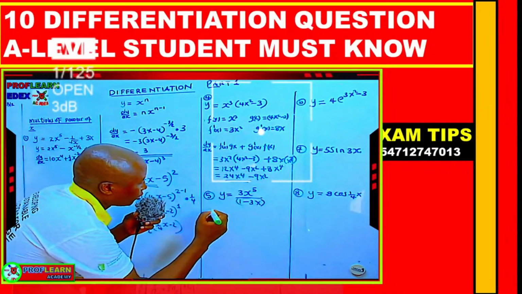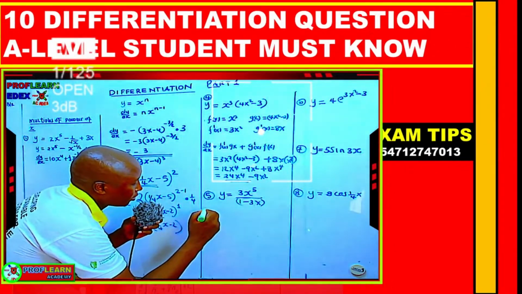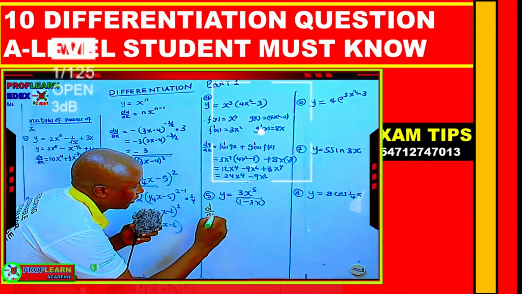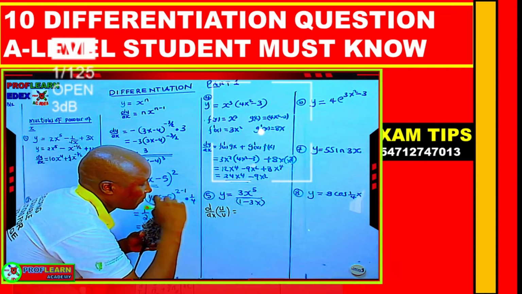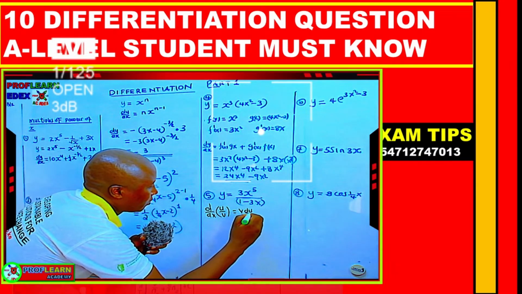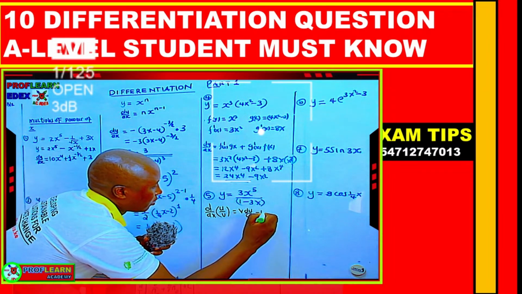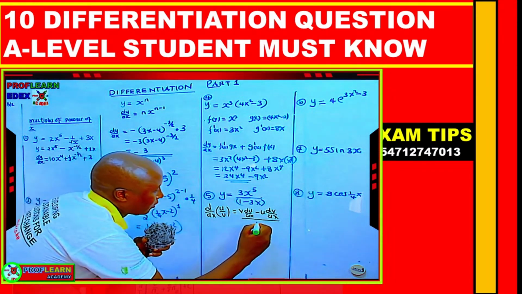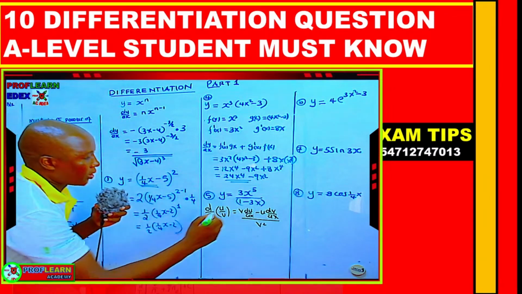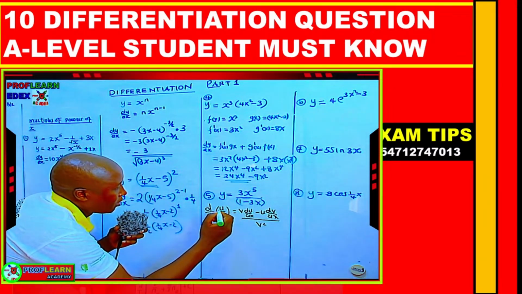This question here, we're going to use the quotient rule, and the quotient rule is where you have d/dx of u over v. This is going to be v du/dx minus u dv/dx, over v squared. So you can identify your u and your v.